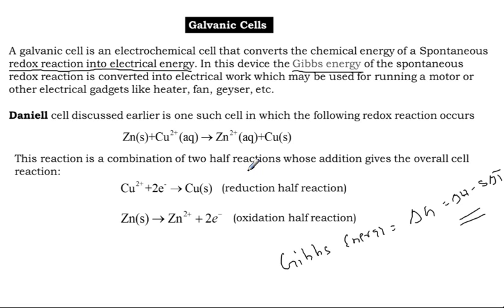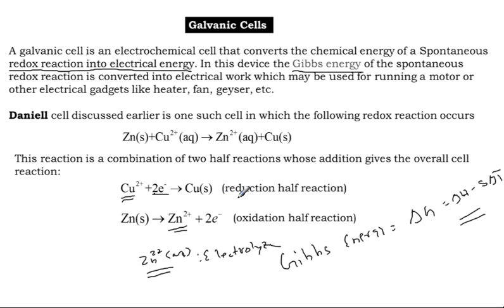So this is reduction, accepting 2 electrons. This is the pure state, and oxidation, losing 2 electrons, zinc becomes Zn2+. After hydration, Zn2+ becomes aqueous. Only the aqueous Zn2+ is known as electrolyte. This is electrolyte, but these are not electrolyte. Only hydrated ions, or molten form, or solvated ions are electrolytes.